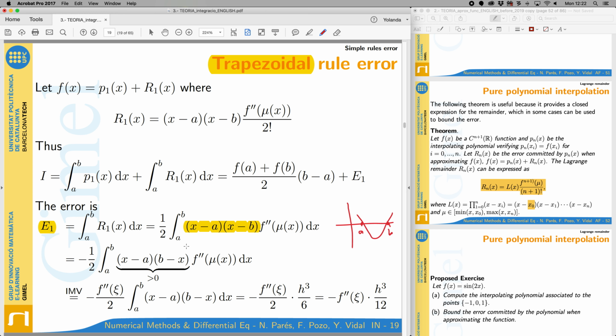Well, I will just multiply this term here by -1. Multiply by -1. And I will also multiply here by -1. So in that way, I have this minus that comes from this product, and this minus switches this x minus b to b minus x, and now this polynomial is this one.